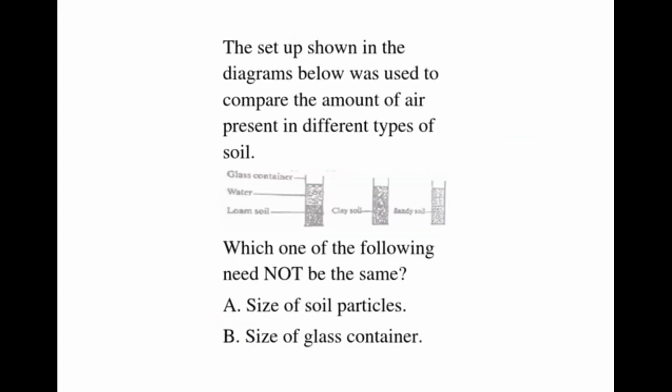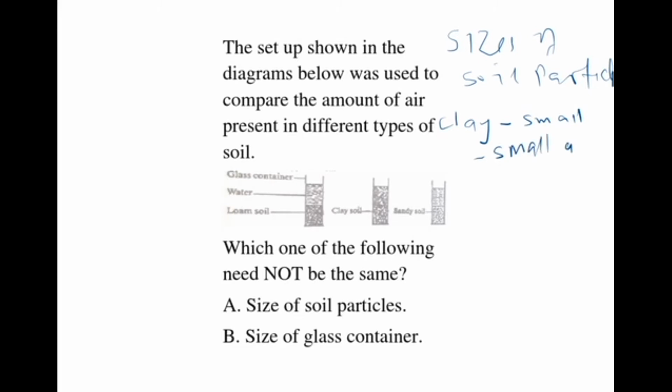The setup shown in the diagram below was used to compare the amount of air present in different types of soil. Which one of the following need not be the same? Here, it is good to note that different types of soil have different sizes of soil particles. Clay soil has small soil particles, which translates that it has small air spaces.